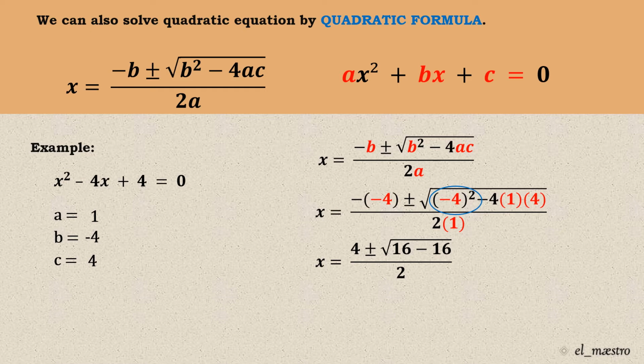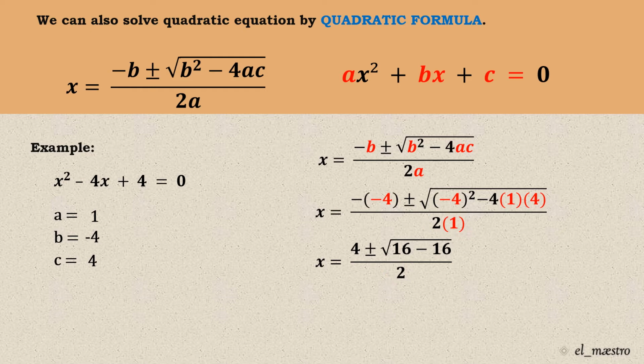Negative 4 times negative 4 is equal to 16. Next, negative 4 times 1 is negative 4, times 4 is equal to negative 16. You do it one by one. And last, at the bottom, 2 times 1 is equal to 2.